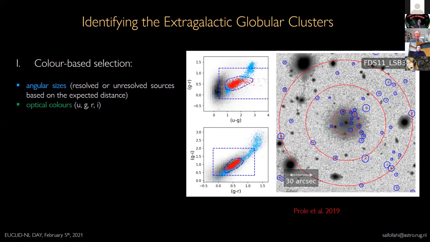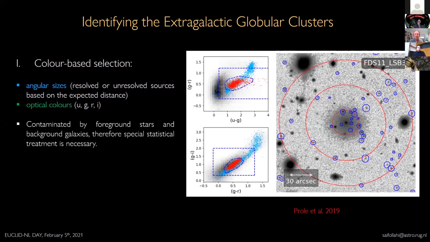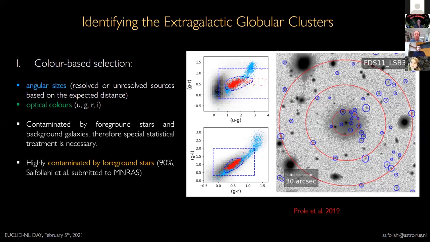For example, traditionally it is common to just select them based on optical colors and angular sizes, whether they're resolved or unresolved based on the expected distance. However, one can expect that this kind of work leads to lots of contamination, especially from foreground stars, which I will discuss. It can lead to 90% contamination at the end.